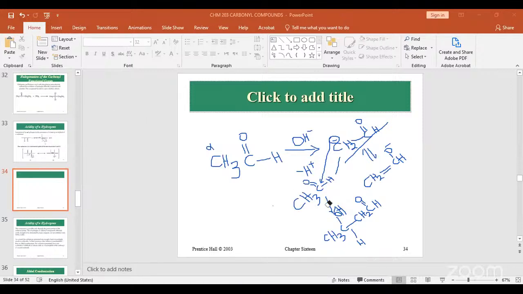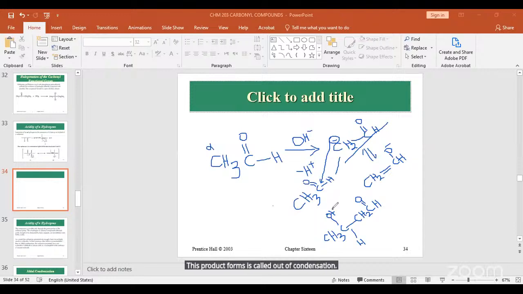This product formed is called the aldol.